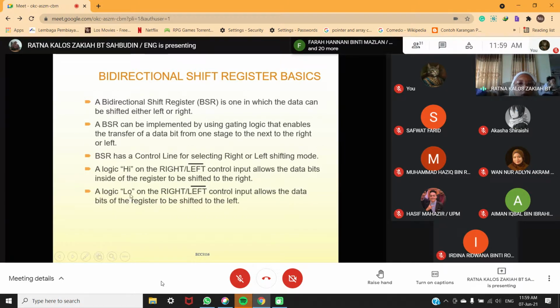A logic low on the right/left line, because left has a bar, allows the data bits of the register to be shifted to the left. So when high, it shifts to the right. When low, it shifts to the left.